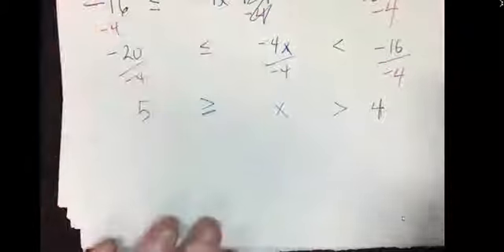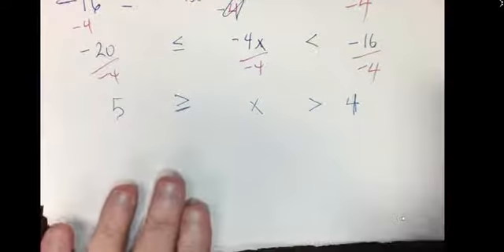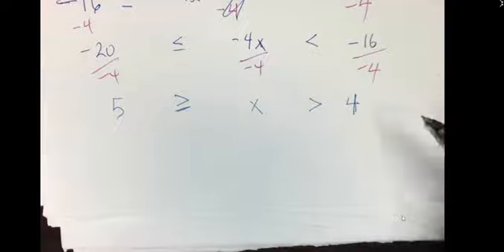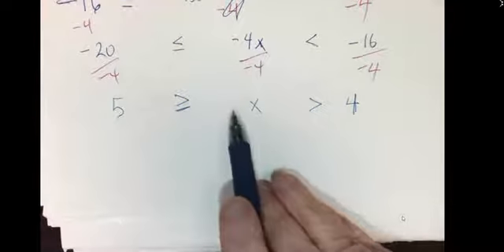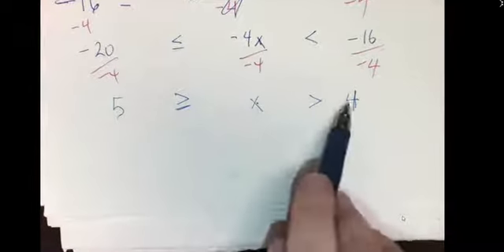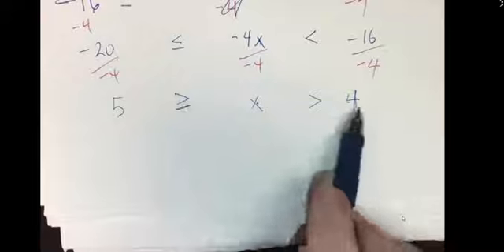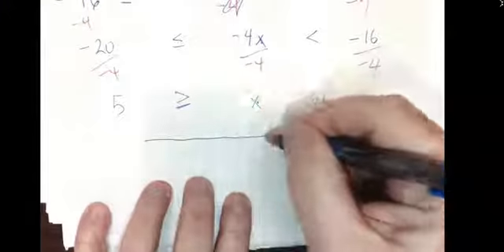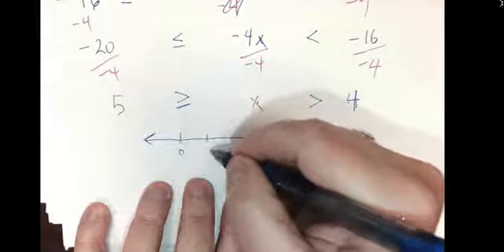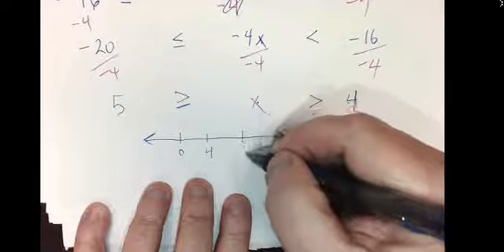To write the interval, what you probably need to do first is look at what this looks like on the number line. X is between 5 and 4. It can be 5, but it's not allowed to be 4. So where is this on the number line? Here's 4, and there's 5.